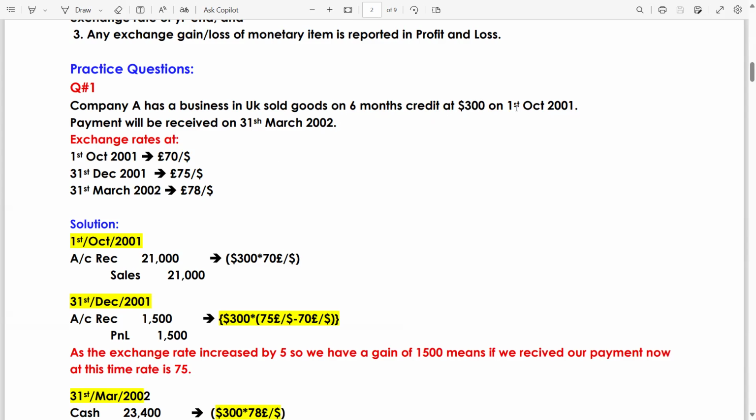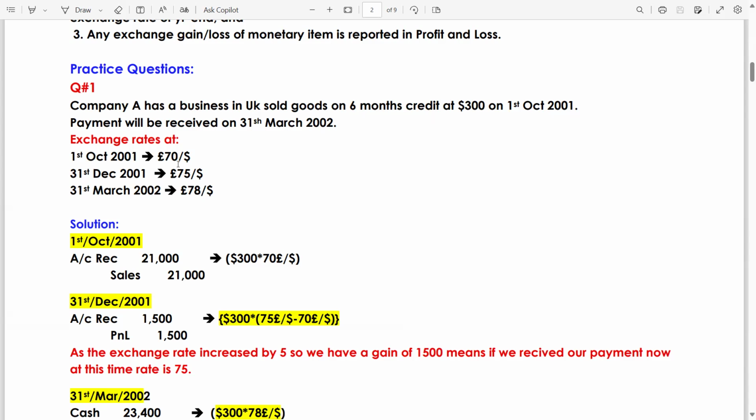On 1st October 2001, the sale is made, and payment will be received on 31st March 2002, meaning 6 months after the sale, the payment will be received from the customer. Exchange rates: on 1st October, the transaction date, £70 per dollar; 31st December year-end date, £75 per dollar; 31st March, the payment receipt date, £78 per dollar.